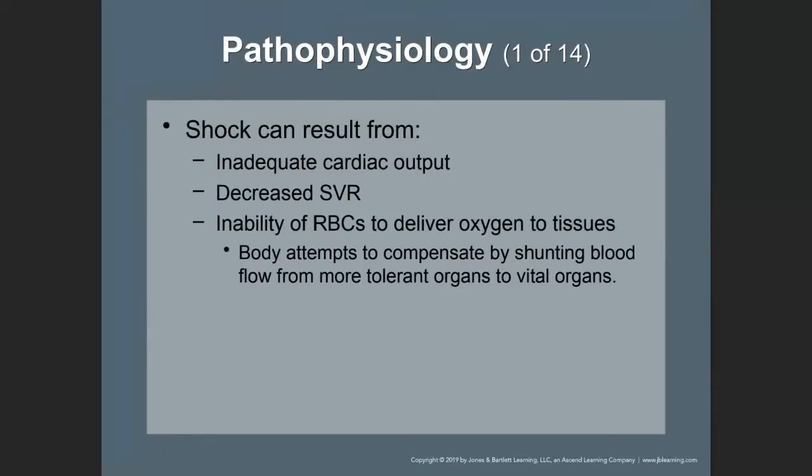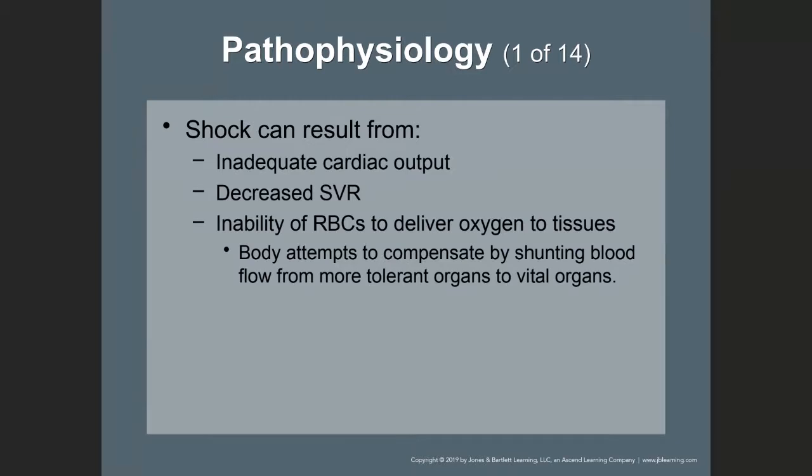Now let's look at the pathophysiology. So shock can result from inadequate cardiac output. It can be something is wrong with the heart and the output is significantly reduced. It can occur from decreased systemic vascular resistance, and what that means is the blood vessels are too dilated.